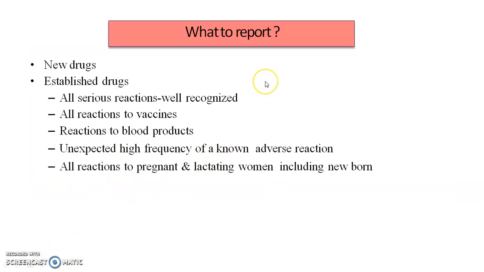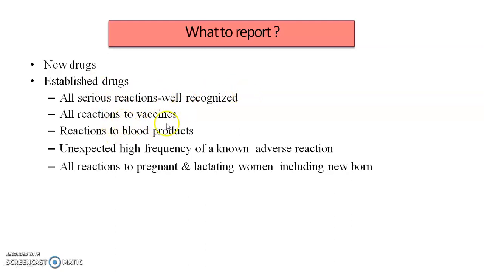So if you want to report it, the question goes like, what to report? We as healthcare professionals report every adverse drug reaction by a new drug or any drug which is already established, where it is going to cause serious reactions, which are well recognized and documented, can also be reported.